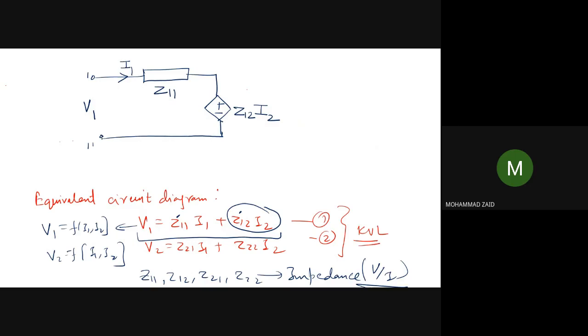If you put this as 1 and this as 1 dash, this is plus and this is minus, and you put KVL, what can you write down? You can write down V1 is equal to Z11 I1 plus Z12 I2. So this equation we have written very easily, very quickly.